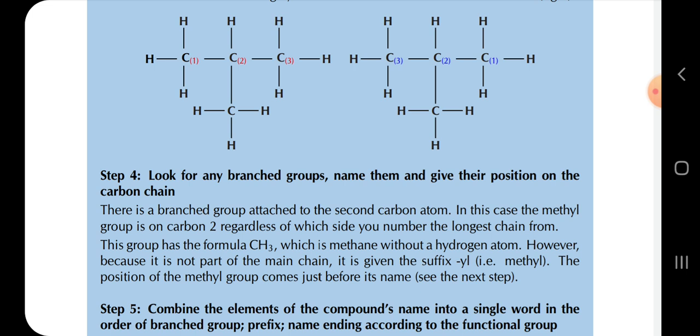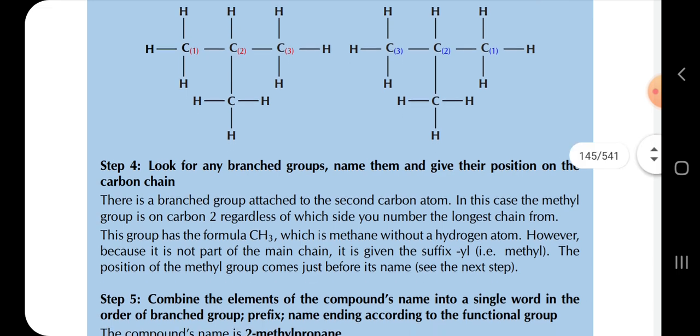This group has the formula CH3, which is methane without a hydrogen atom. However, because it is not part of the main chain, it is given the suffix -yl. The position of the methyl group comes just before its name.